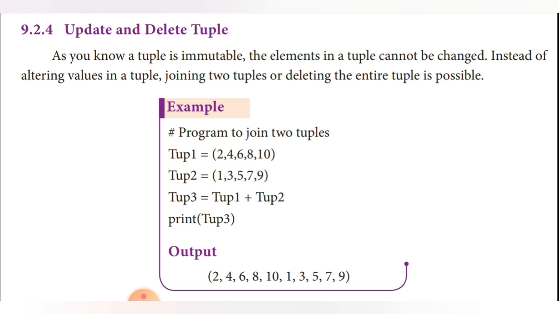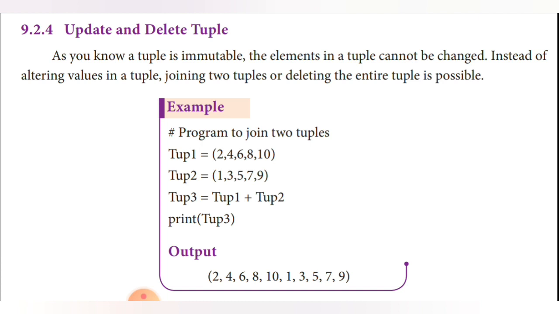You can create a tuple with or without parentheses. In the example, tup1 is equal to 2, 4, 6, 8, 10, so five elements are present in tuple 1. Then tup2 is equal to 1, 3, 5, 7, 9, so tuple 2 also has 5 elements.